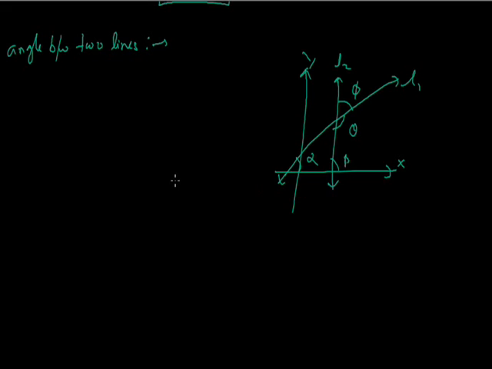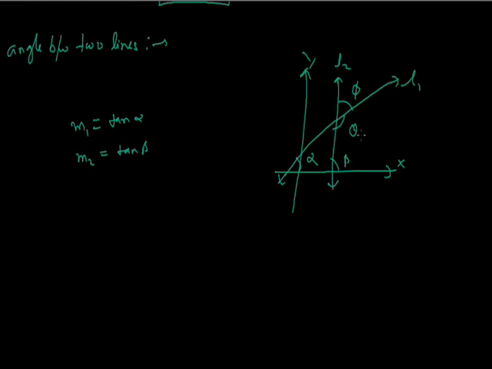Now let L1 and L2 be two lines with slopes m1 and m2. So here m1 is equal to tan alpha and m2 is equal to tan beta, because the line L1 has the slope m1 and the line L2 has the slope m2. Now theta and phi are the adjacent angles between L1 and L2.